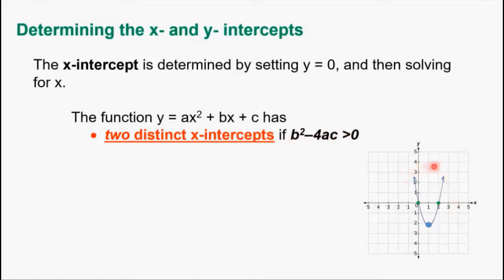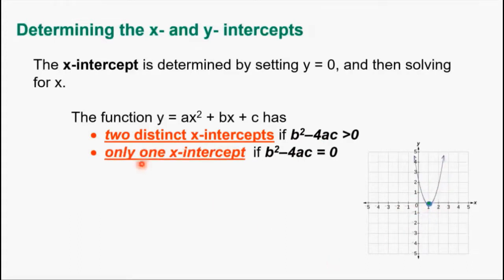Dito, makikita natin sa graph na mayroon itong dalawang points. Kapag ang discriminant natin ay positive, ganito ang itsura ng kanyang graph. It has only one x-intercept if b squared minus 4ac is equal to 0 o kapag ang discriminant ay equal sa 0. Dito sa graph, makikita natin na ito ang kanyang x-intercept.